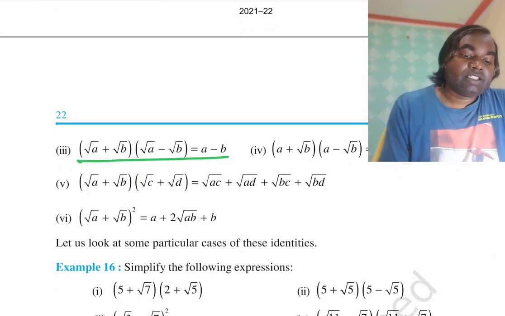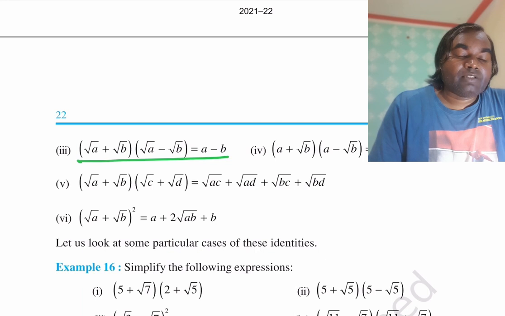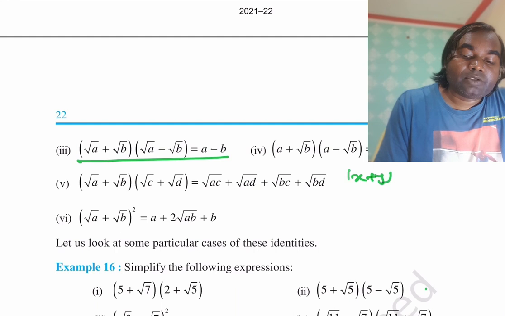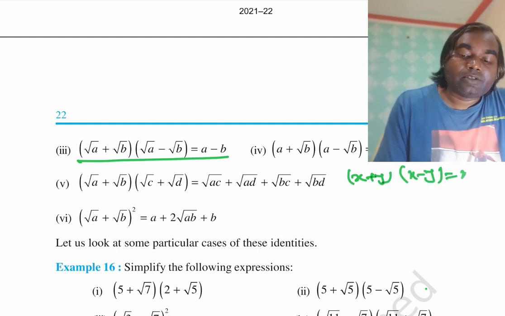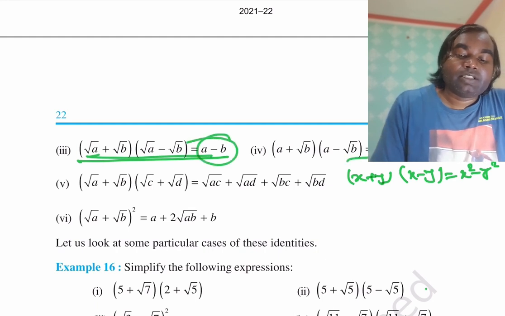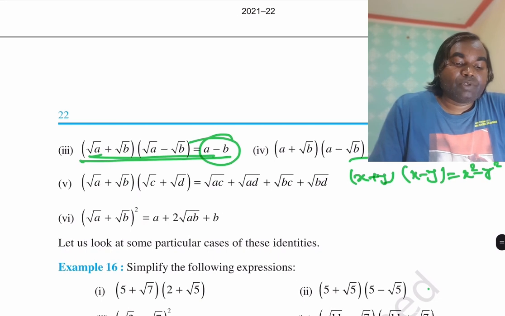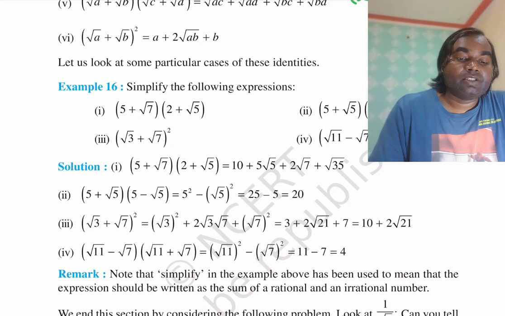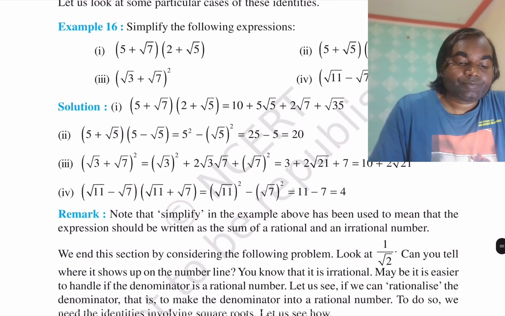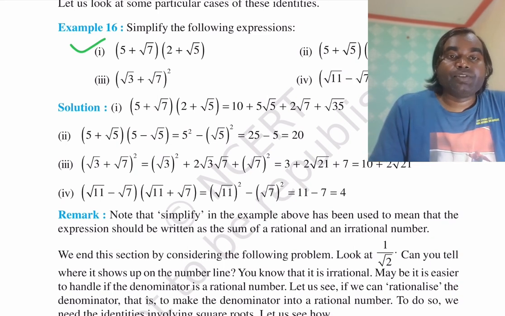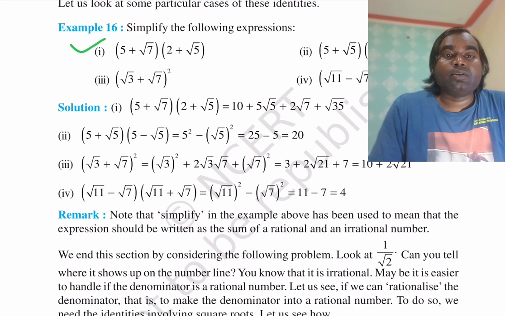And you will get this by using the formula a square minus b square. So by using this formula we get this, and similarly we get this value and can simplify. This is very useful in terms of real numbers. Try to solve this. If you have any difficulty, please provide your comment and I will solve your problem.